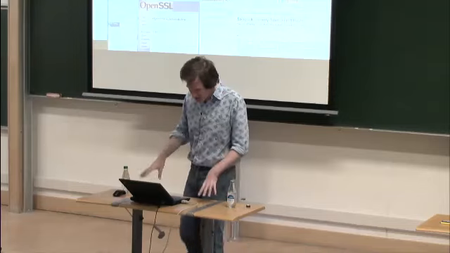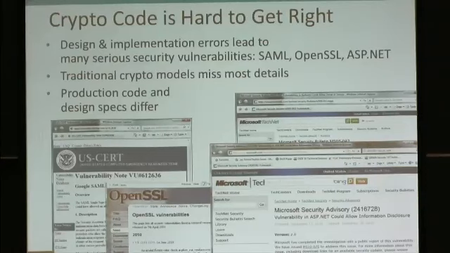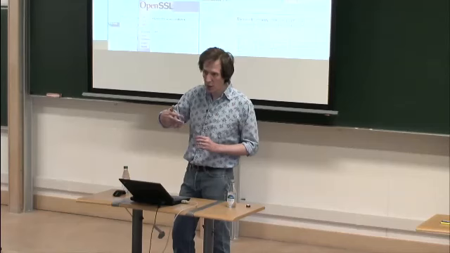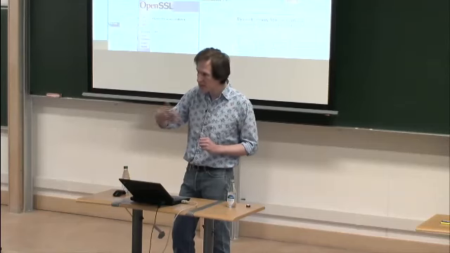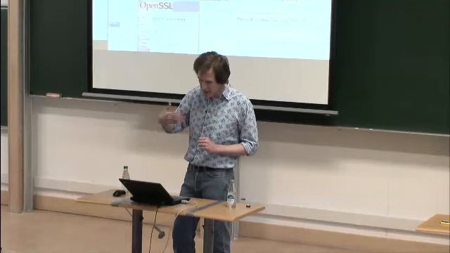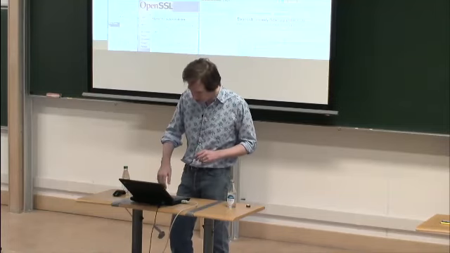So, standard motivation. Crypto code is hard to get right. I think this audience is familiar with this idea. Every year there's a raft of new problems. Sometimes brand new design, conceptual problems, but also there's a rehearsal of problems we knew about before in other contexts that get repeated in the setting of different protocols.